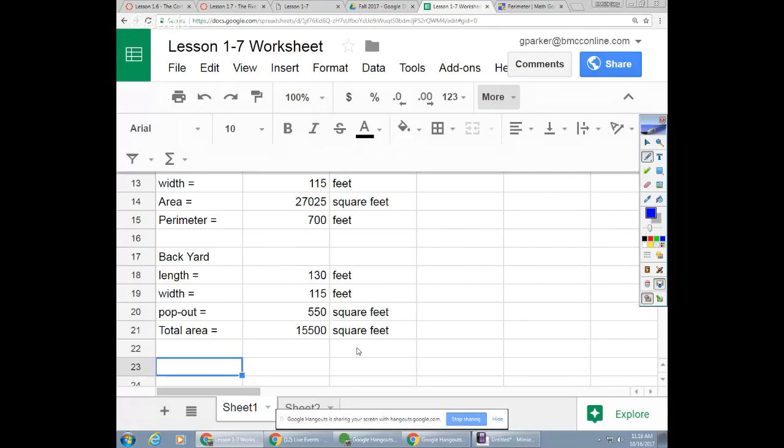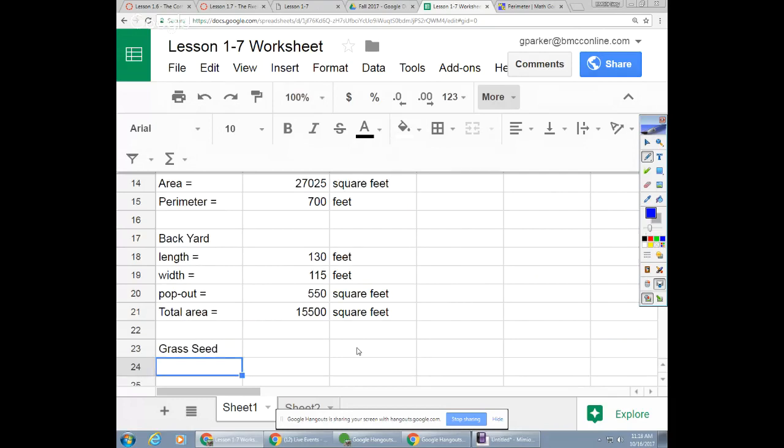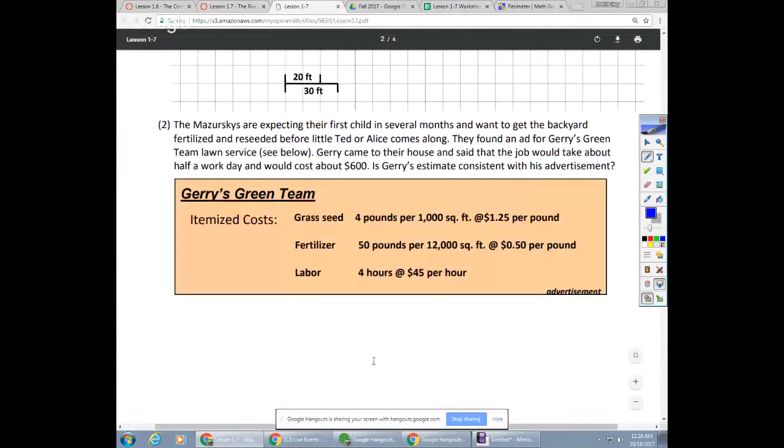So we've got grass seed to consider. And the grass seed, let's see, what did it tell us? 4 pounds per 1,000 square feet. So we have to use that. And we're also going to have to use the cost, right? Because ultimately we want cost.